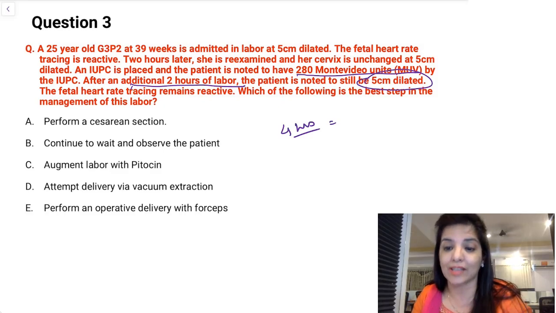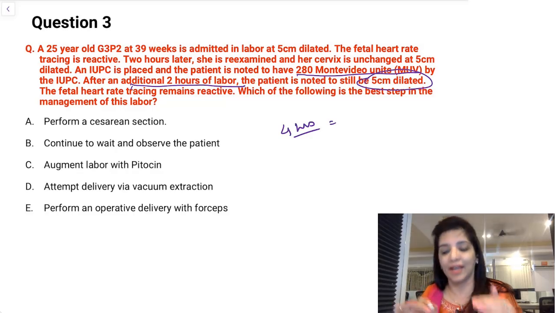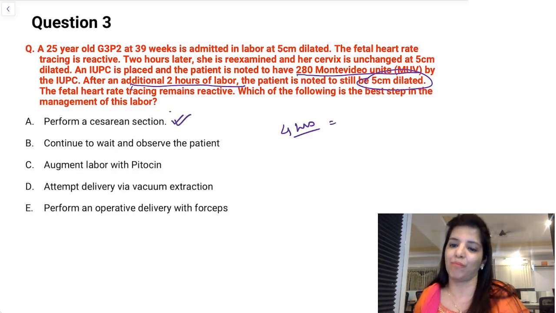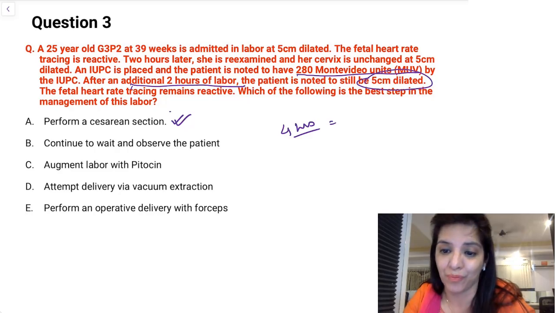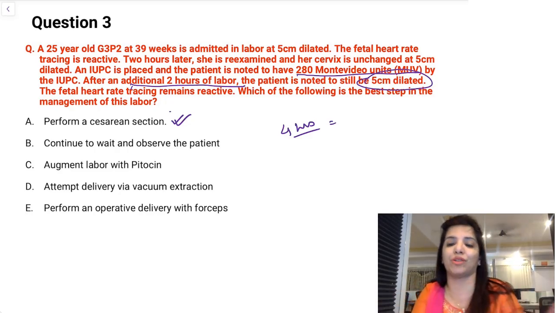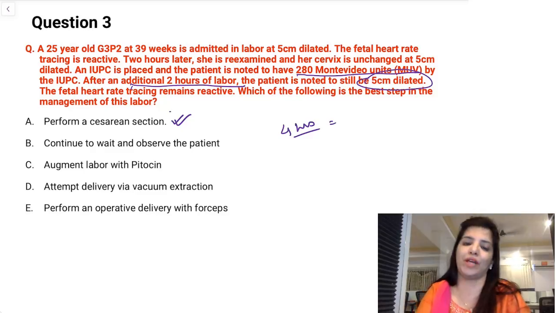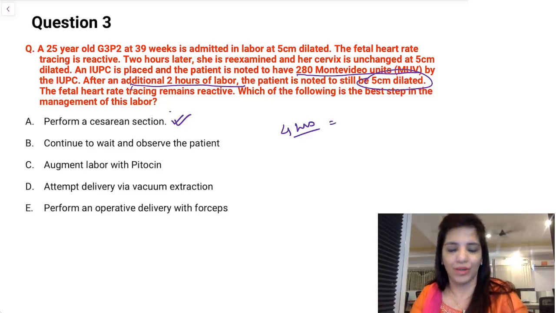Right? In that case, I am going to take it for granted that the membranes are ruptured and in that case, I am going to take it as the cesarean section. Perform cesarean section. You always have to answer a question based on the options given to you, right? In this question, because there is no option like rupture the membranes, I am not going to say that I am going to rupture the membranes. I am going to take it for granted that the membranes are ruptured, right?